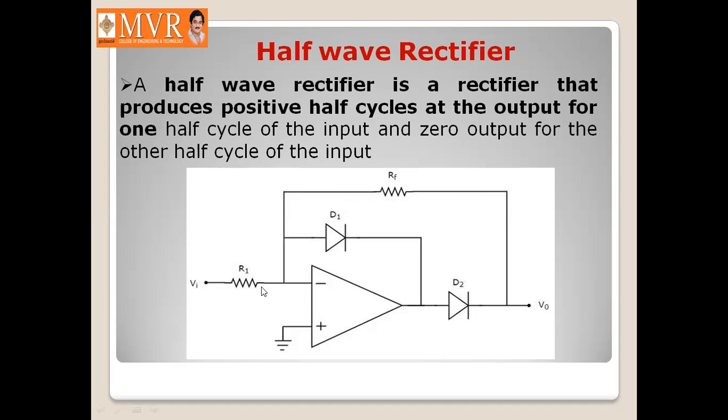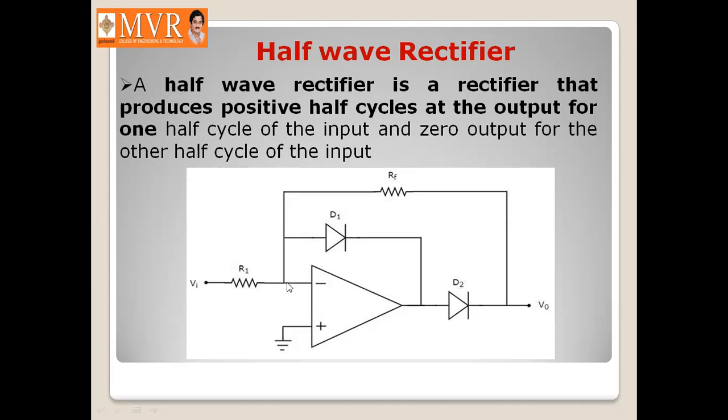Now coming to the operation of this circuit, due to the virtual ground concept, as the non-inverting terminal is grounded, the voltage at this node is also at ground potential, that is 0 volts.